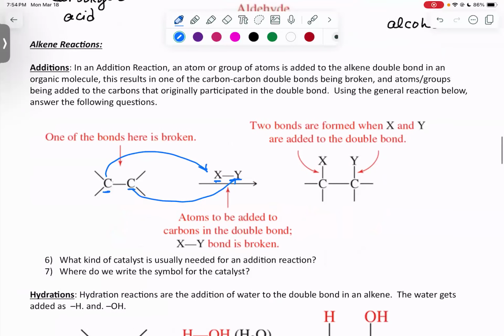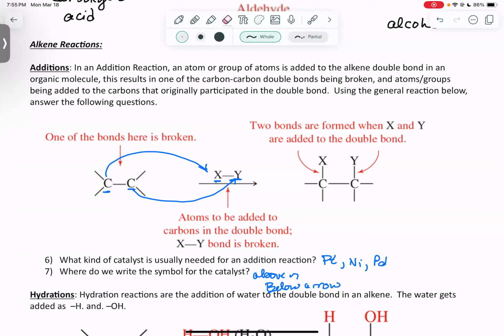Now, this doesn't happen readily. A lot of times you have to have a catalyst that's needed. So usually it's a heavy metal like platinum or nickel or palladium. Those are all examples. And so if we had a catalyst, we would write that symbol either above or below the arrow.